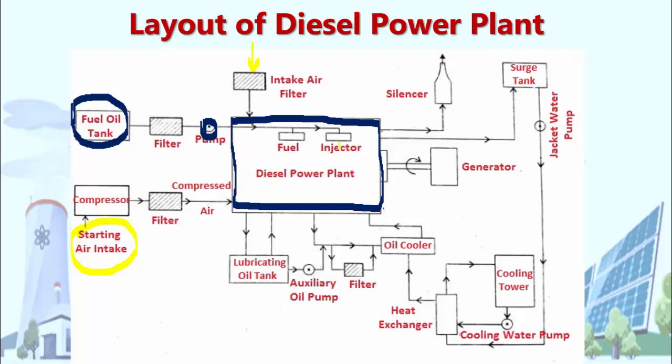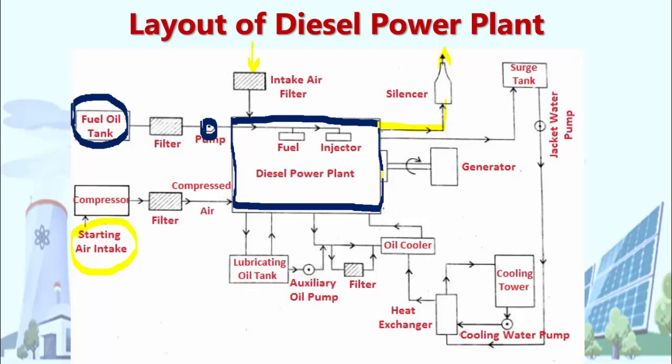Once the fuel and air get into the diesel engine, because of the compression, when self-ignition temperature is reached, combustion takes place, and as the output of the combustion, the exhaust gases are released. Those exhaust gases are released to the atmosphere through the silencer. The purpose of the silencer is to reduce the noise also, right?